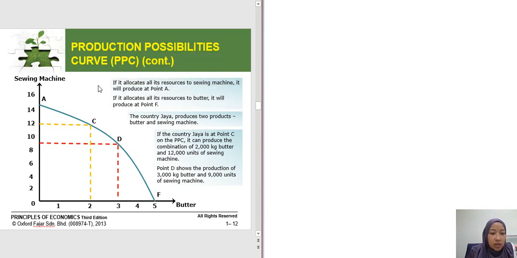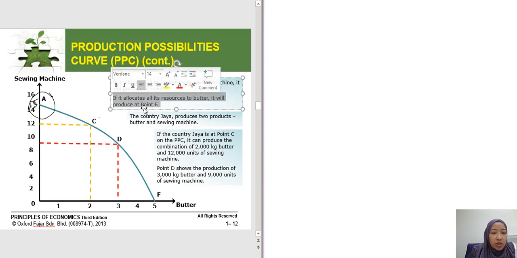This is the explanation that I have made just now. If it allocates all its resources to sewing machine, it will produce at point A. Point A here is actually 15. 15 sewing machines, meaning if you decide to produce 0 kg of butter, you can get 15 units of sewing machine. Now you look at the second explanation here.